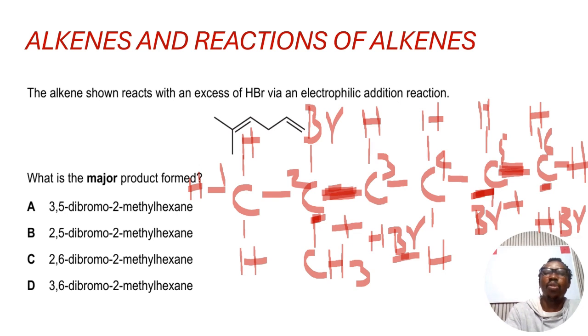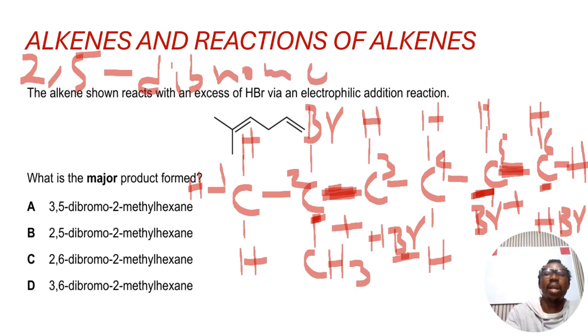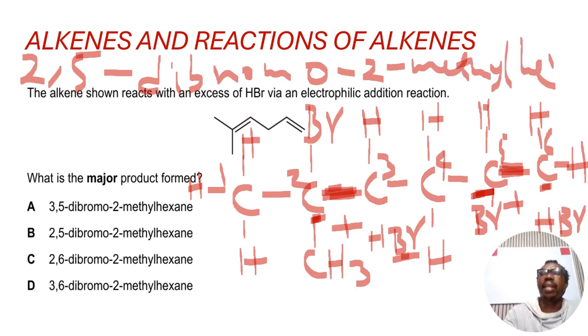So it will be what? 2-bromo, 2, then 5, 2,5-dibromo, then 2-methyl hexane, because we have 6 carbon atoms, 1, 2, 3, 4, 5, 6. 2,5-dibromo-2-methylhexane. So what is the major product formed? The major product formed is 2,5-dibromo-2-methylhexane.